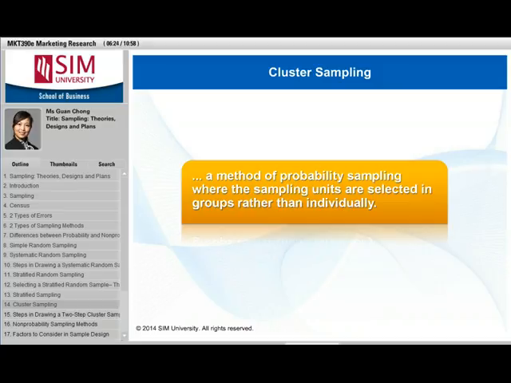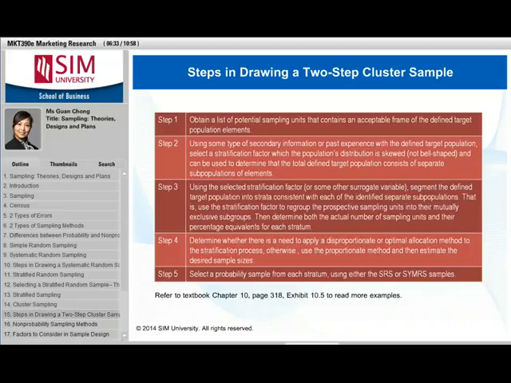Cluster sampling is a method of probability sampling where the sampling units are selected in groups rather than individually. There are 5 major steps in drawing a two-step cluster sample. Step 1. Obtain a list of potential sampling units that contain an acceptable frame of the defined target population elements.